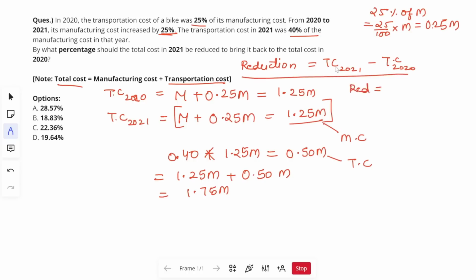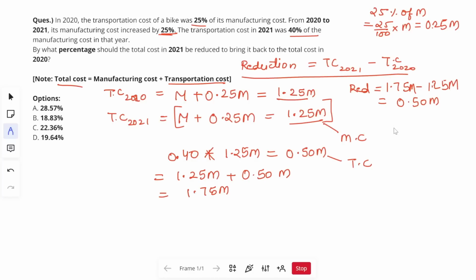In order to calculate reduction, we need total cost in 2021, which is 1.75 M, minus total cost in 2020, which was 1.25 M. So 1.75 minus 1.25 is going to give us 0.50 M. Don't forget to mention M everywhere, because M was a part of it, which is manufacturing cost. Now we are asked percentage reduction, right? Percentage.